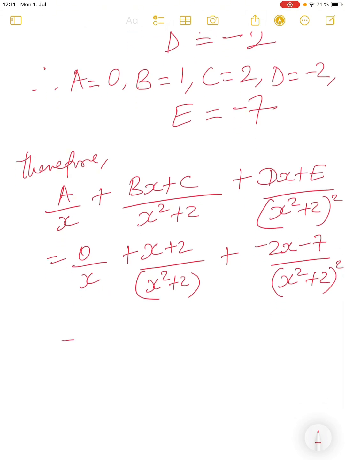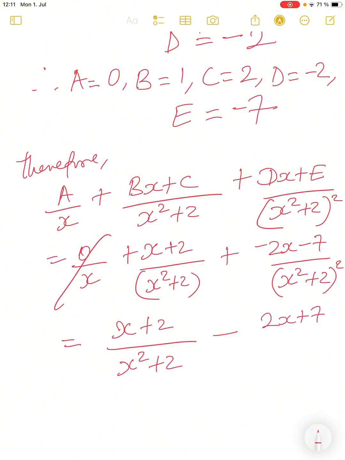So this is the same thing as x plus 2 over x squared plus 2 minus 2x plus 7 over x squared plus 2 all squared.